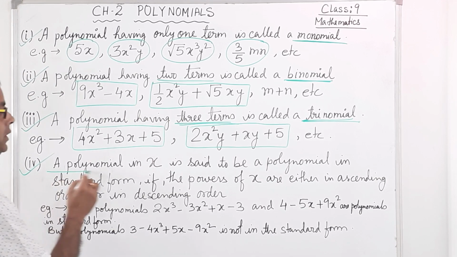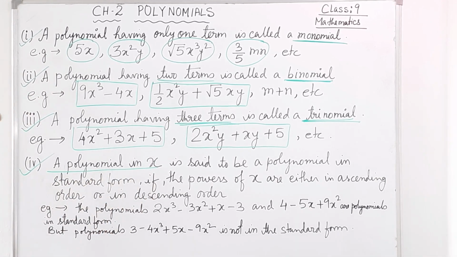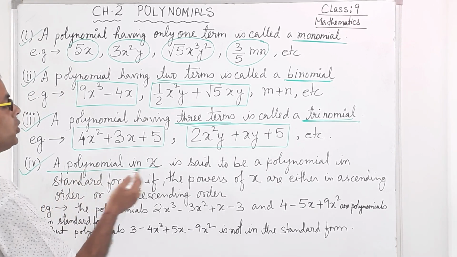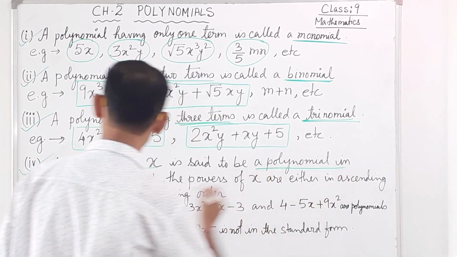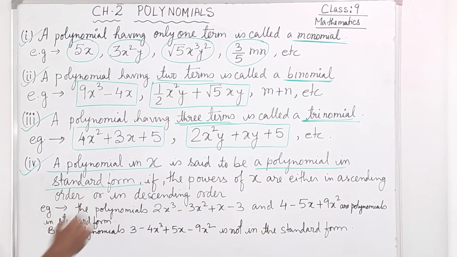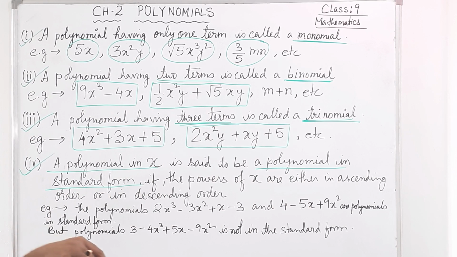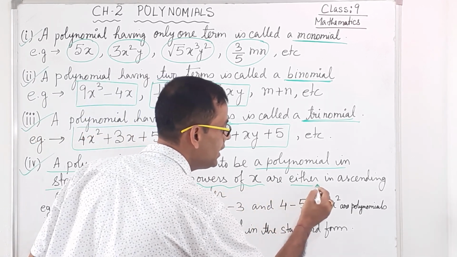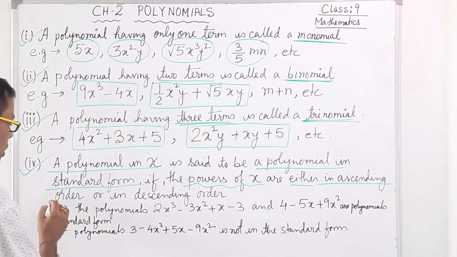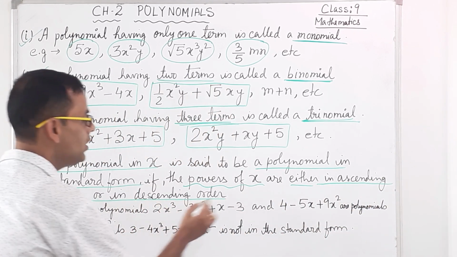A polynomial in x, it can be x also, y also. Here we are taking x. A polynomial in x is said to be a polynomial in standard form if the powers of x are either in ascending order or in descending order.